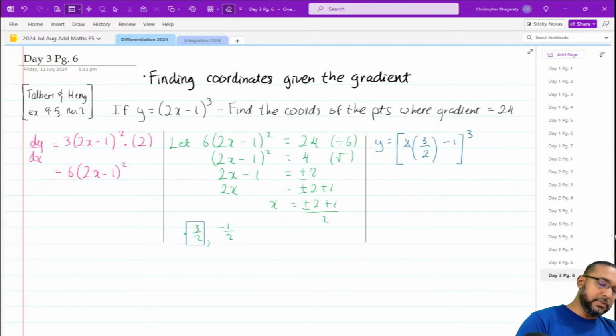So the 2's will cancel, leaving us with 3 minus 1, which is 2. Then you just have 2 cubed, and 2 cubed is 8. So the coordinates of the point are 3 over 2 on the x and 8 on the y.